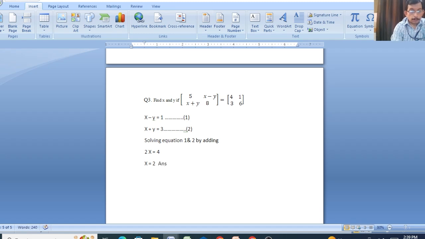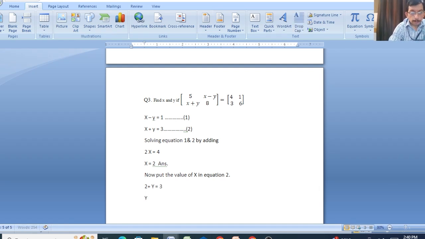First answer. Now put the value of x in equation 2. x is equal to 2, so 2 plus y equals 3.